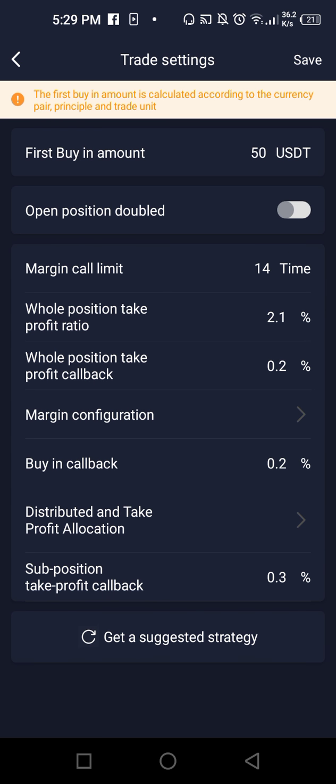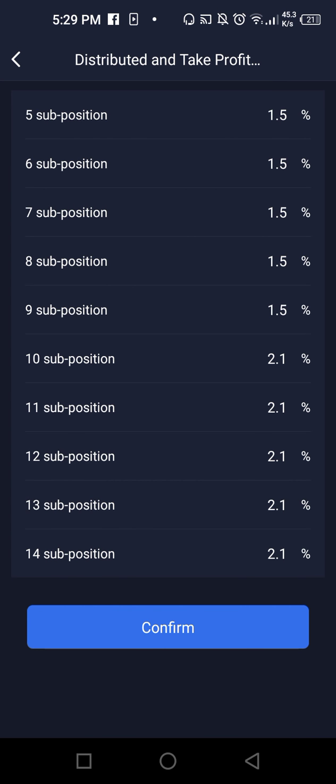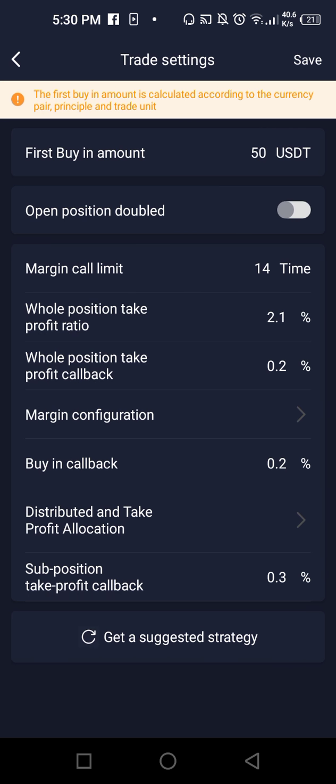However, what I indicated as I wanted it to sell at this particular amount is not actually the amount it will sell. This is the percentage I'm telling these different sub positions that I'm telling the bot to sell at. So at this stage, I'm telling the bot, be prepared to sell at this. What now determines when the bot will sell?